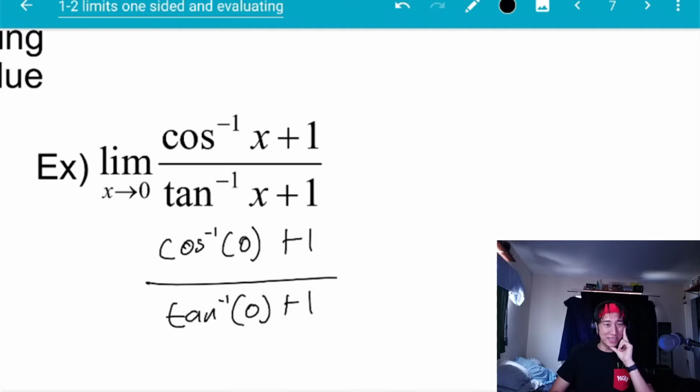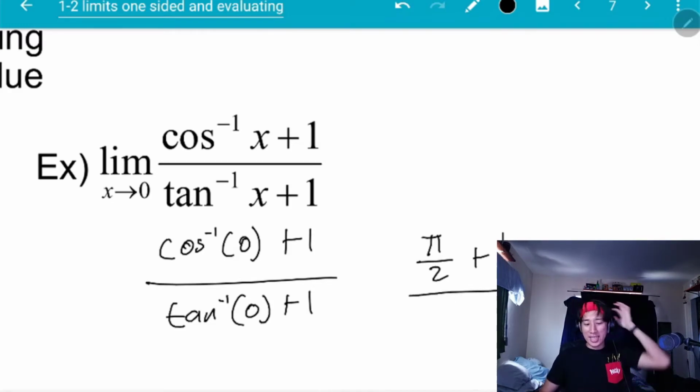Yeah, exactly. Pi over 2. So this is going to be pi over 2 plus 1 over.